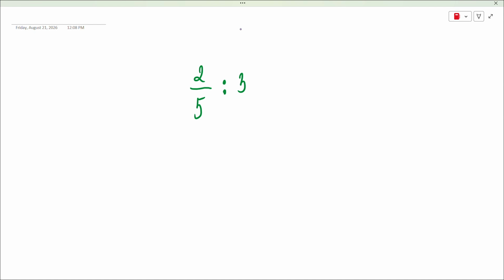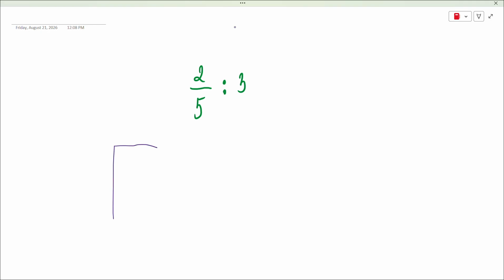Now, there are a couple of ways to approach this problem. You can first do it conceptually, or you can think about it visually. I will draw a square.